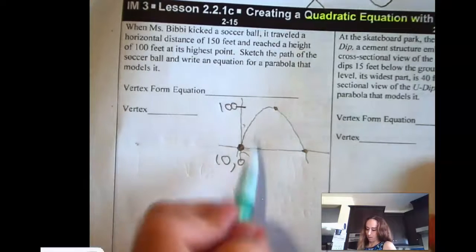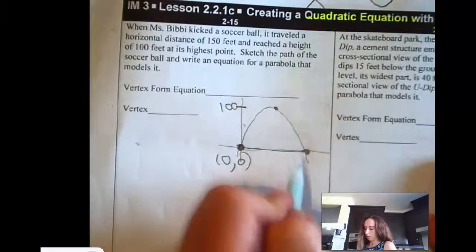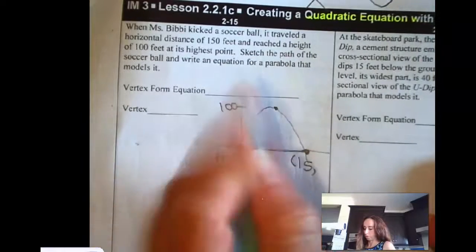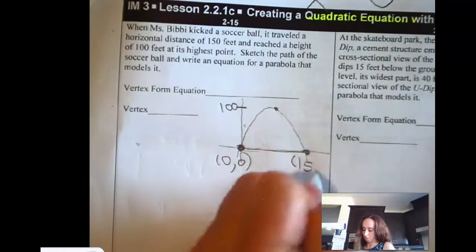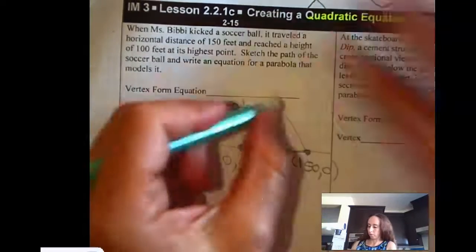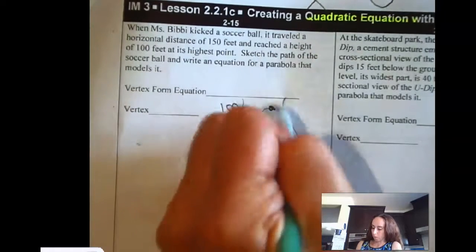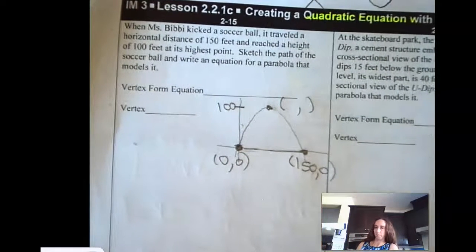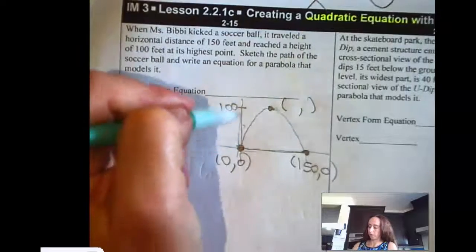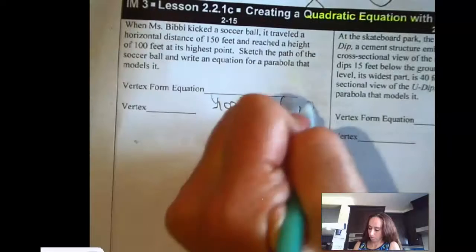Okay. I know that it travels horizontally 150 feet. So that means that would be the point 150, 0. And then I also know, let's pretend that's the center, so I'll move it over a little bit. I'm not perfect at this. What the heck is that point going to be? Well, if this is your height, that's your y. So that means that's 100.